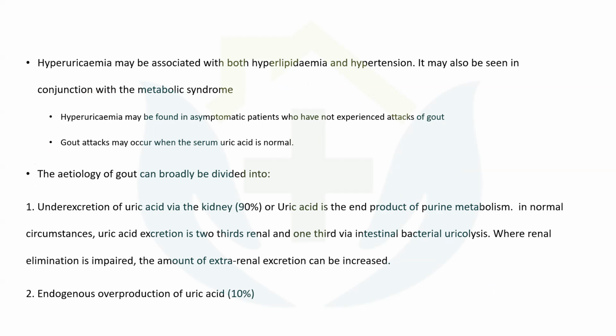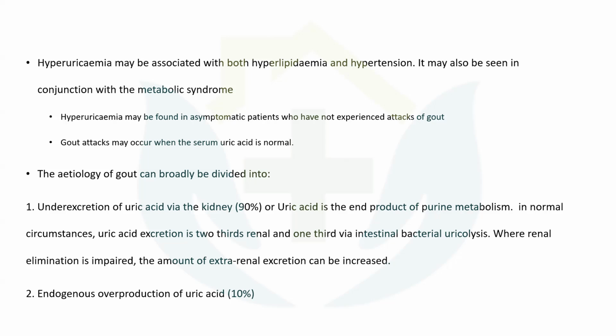Hyperuricemia may be associated with hyperlipidemia and hypertension, and commonly with metabolic syndrome. High uric acid itself is a high cardiovascular risk factor.